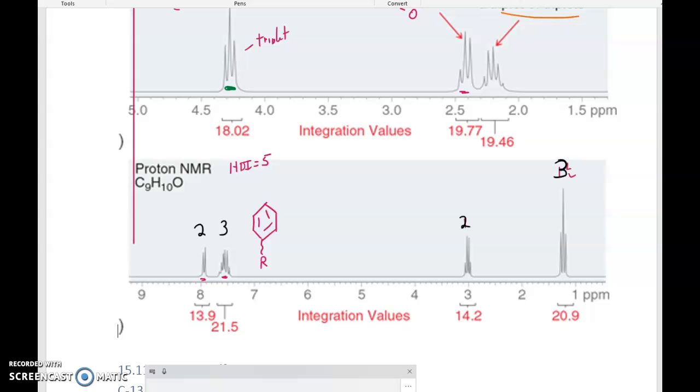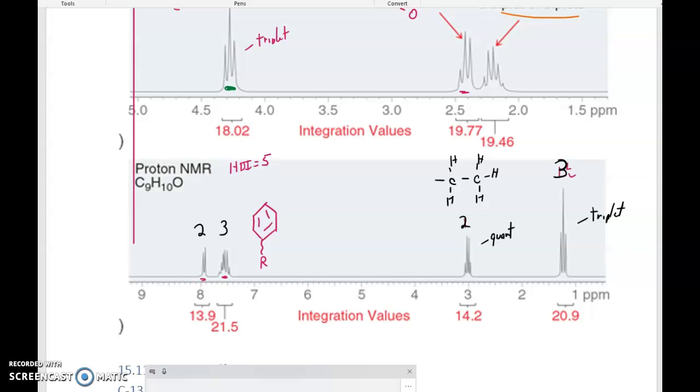I couldn't get them to erase, but we'll persevere anyway. This 2 and 3, this is a quartet, and this is a triplet, highly suggestive of this structure. The 3 protons are split by the 2 protons, and the 2 protons are split by the 3 protons.